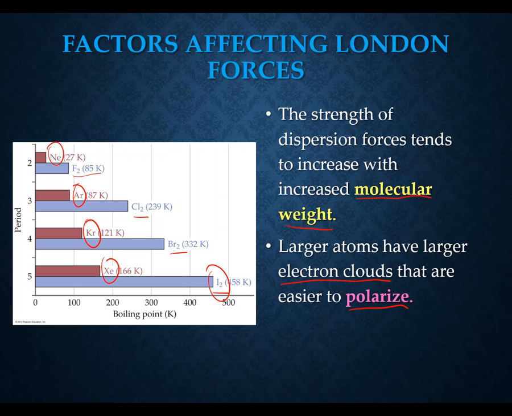Looking at my periodic table, iodine has 106 electrons in its cloud because it's 53 times 2. It has 53 to start with. So 106 electrons in its cloud. That's a much more polarizable cloud than, say, neon, which only has 10 electrons. And that ability is, of course, going to make it have a much higher boiling point because the forces will be stronger in terms of those dispersion forces.